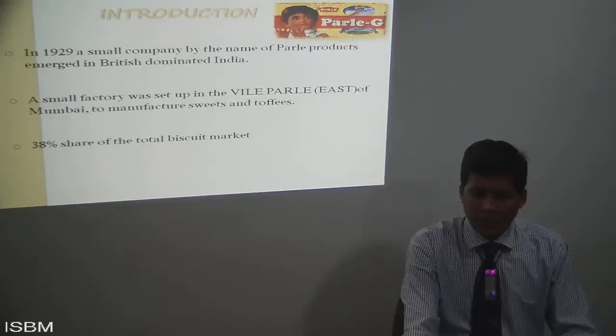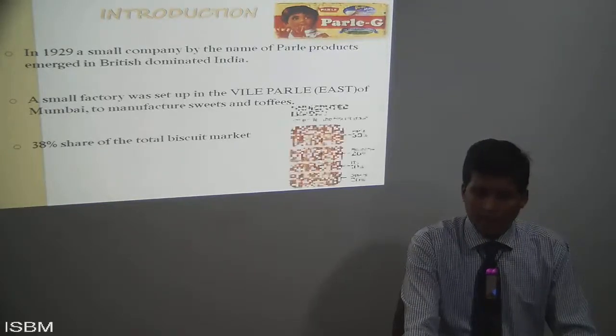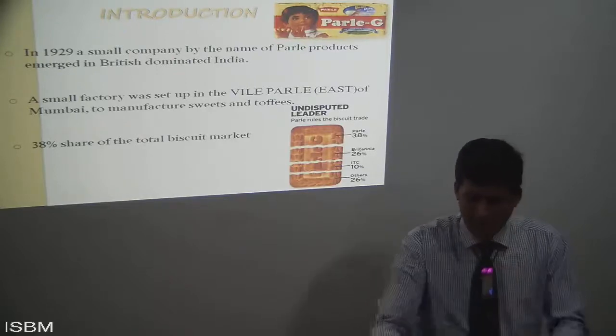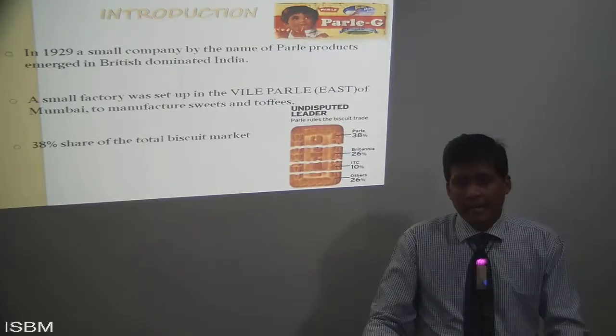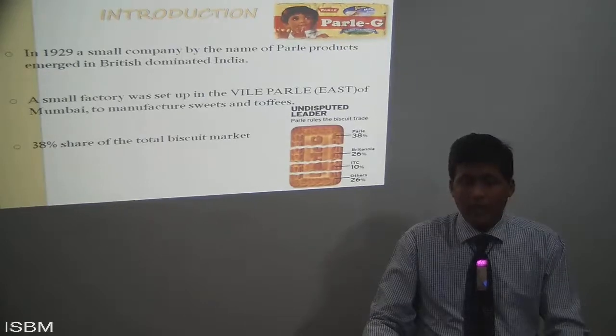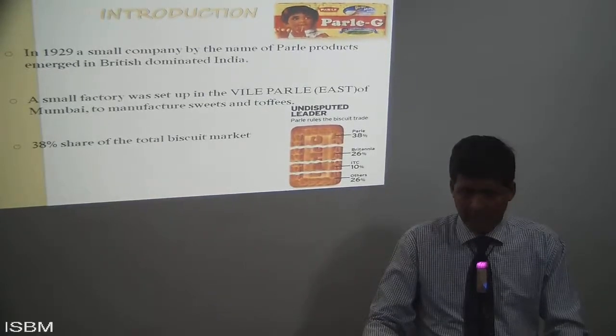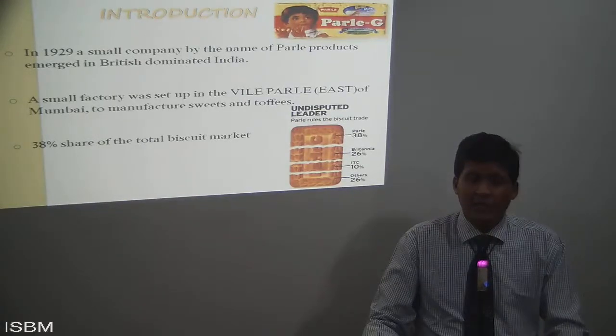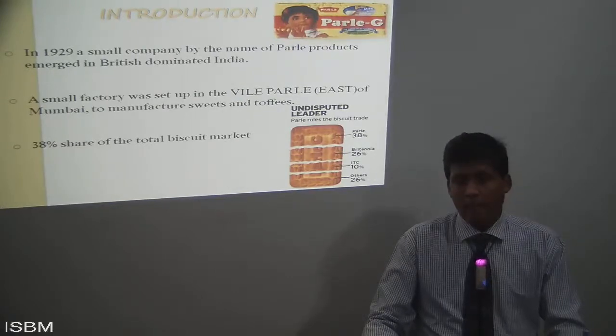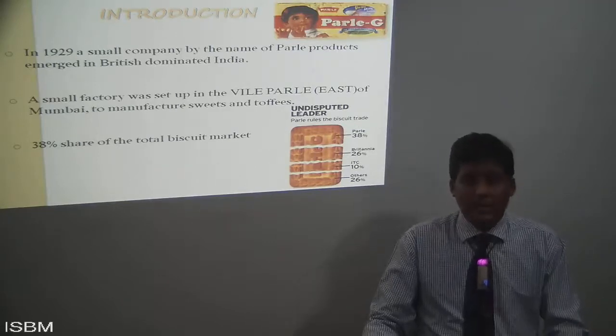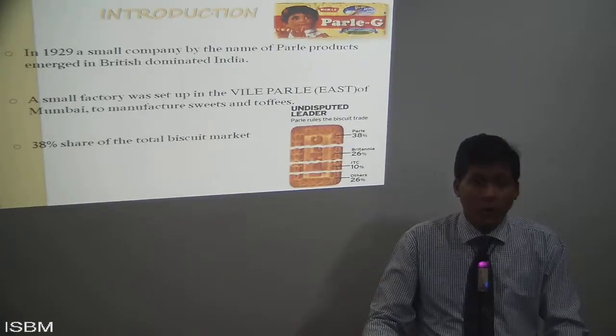Then the best part about it, if you see the last point mentioned, 38% share of the total biscuit market is held by Parle G, which is a big chunk of their organization. And let me tell you, one important facet about Parle G is they are the largest selling biscuits across the globe.